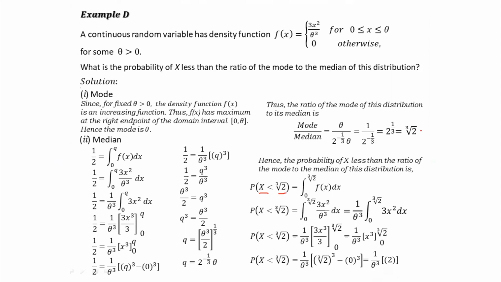And this will be subtracted by 0. So therefore, our final answer is 2 over theta cubed. So therefore, we say that the probability of our random variable x less than the ratio of the mode to the median of this distribution is 2 over theta cubed.